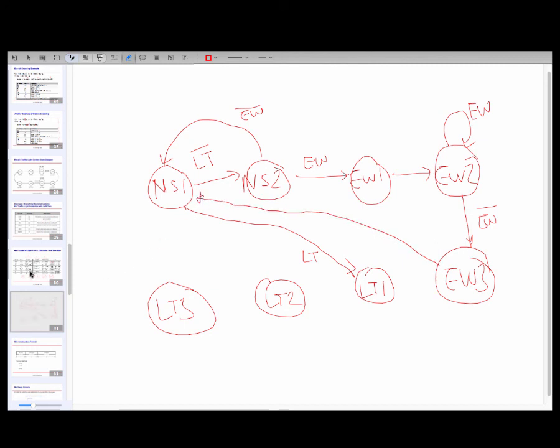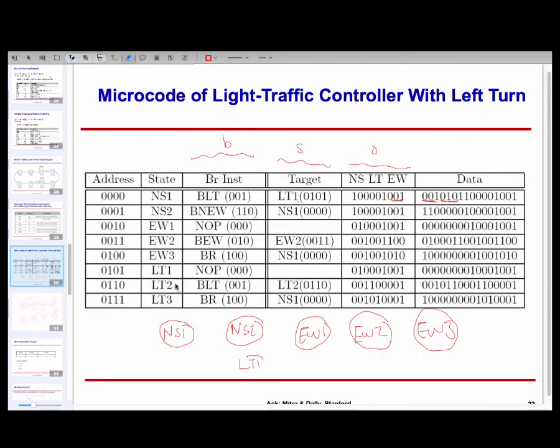Let's go to LT1. LT1, what is happening? We have a no-op. So what will happen here? We just go to LT2.